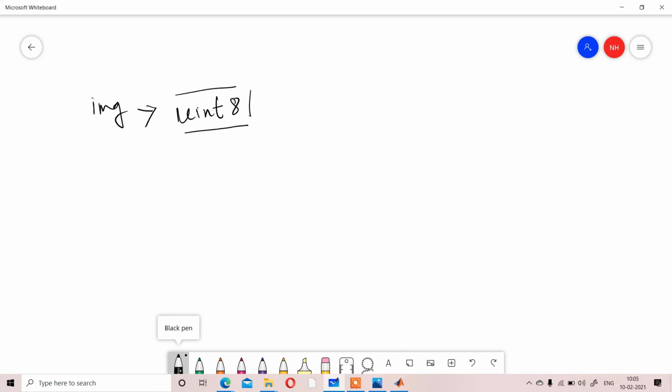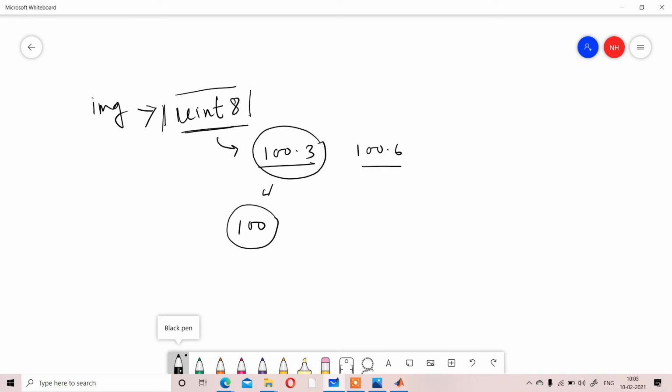In that format the gray level image shows, and UINT8 format means that if you have a pixel value 100.3 and another pixel value 100.6, suppose, then UINT8 defines that pixel 100.3 as 100, means it does not consider the floating point, and 100.6 as 101, it also does not consider the floating point.